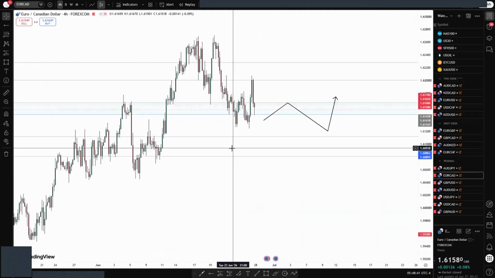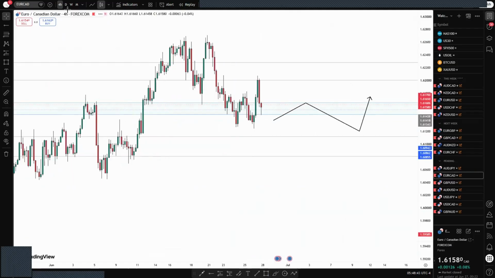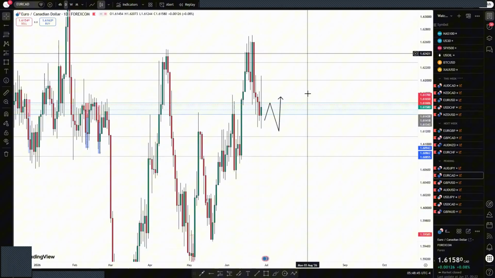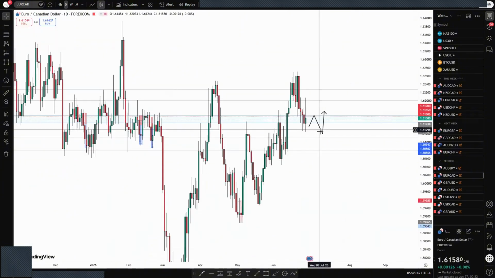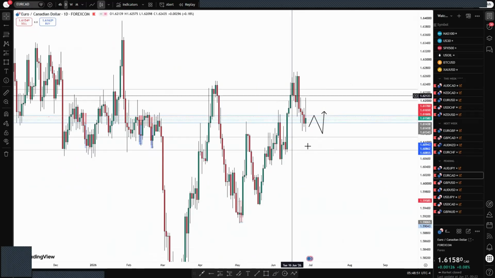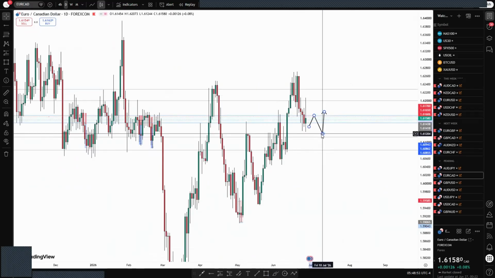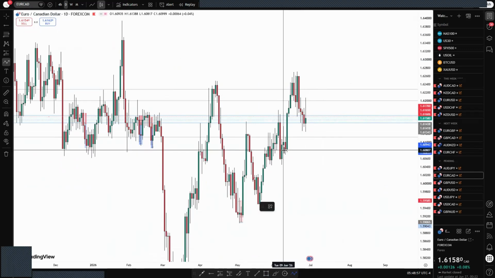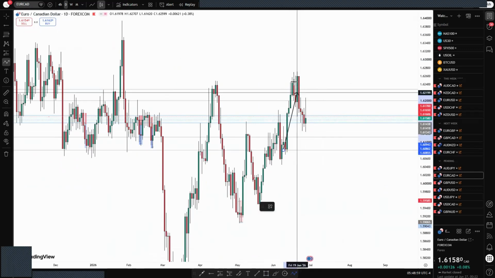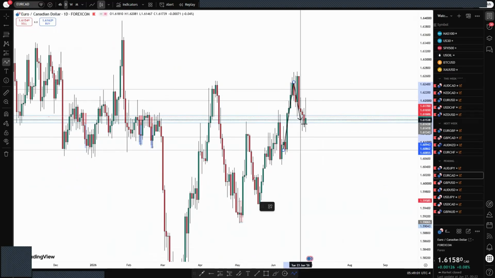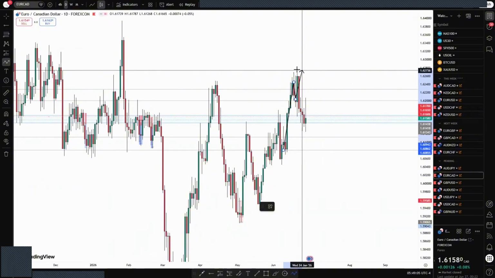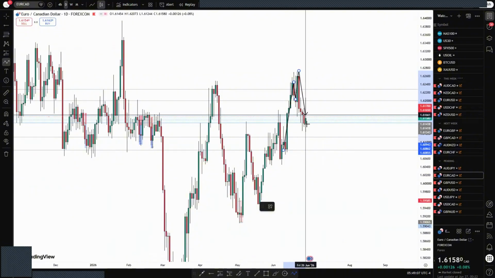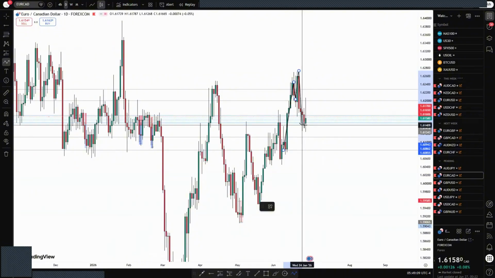Eurocard. I would have wanted to buy this pair now, but the daily is bearish, because that's what price decided to do. Instead of just retesting here, as it was supposed to do, price decided to make a high. So now that it's at the OG level, it's bearish.